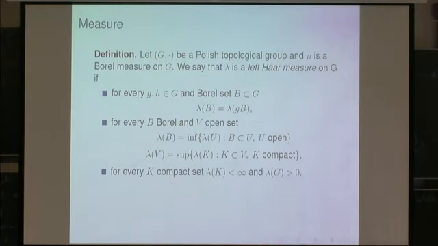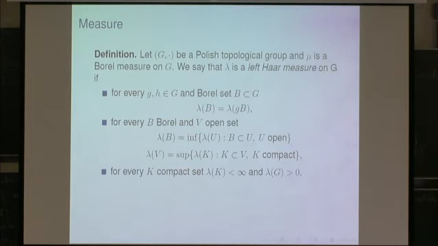We assume that the measure of every Borel set can be approximated by the measure of open sets from above, and every open set can be approximated by the measure of compact sets from below. And to avoid trivialities, we also suppose that the measure of every compact set is finite and the measure of the whole group is positive.